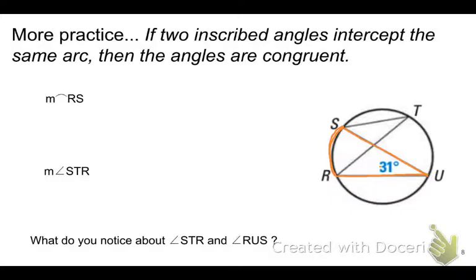So we know by the previous theorem that the measure of arc RS is equal to 2 times the measure of its angle, which is SUR, equals 2 times 31 equals 62 degrees. And I'm done.